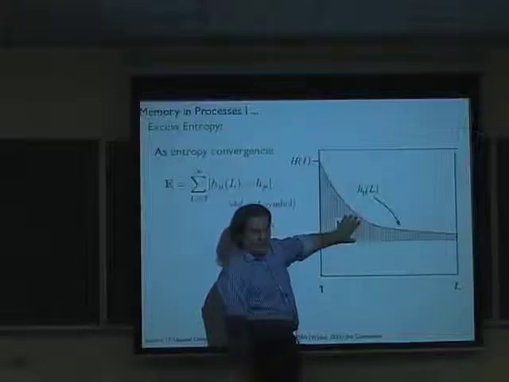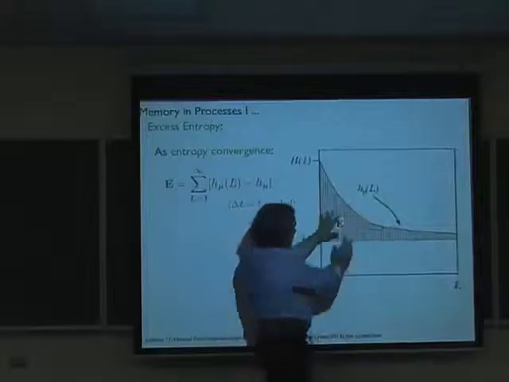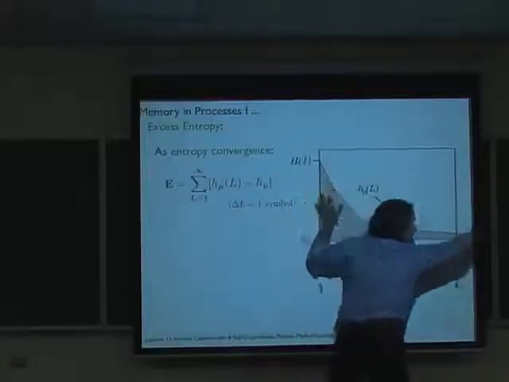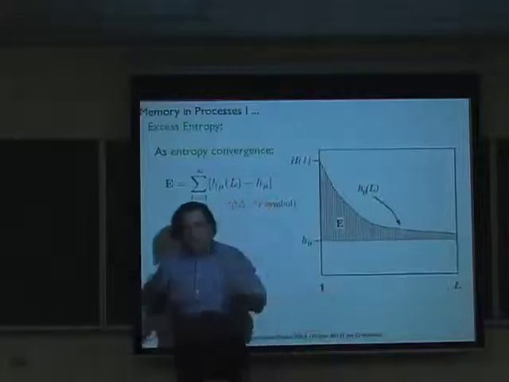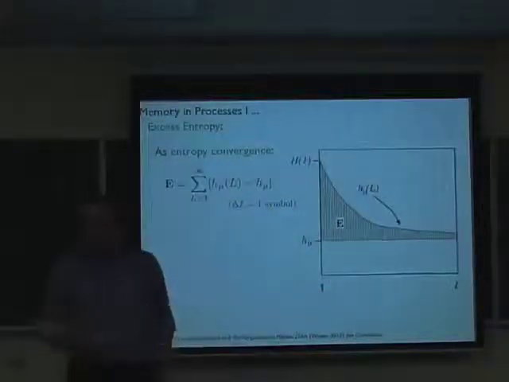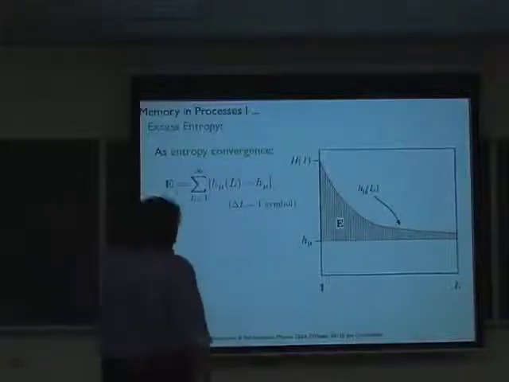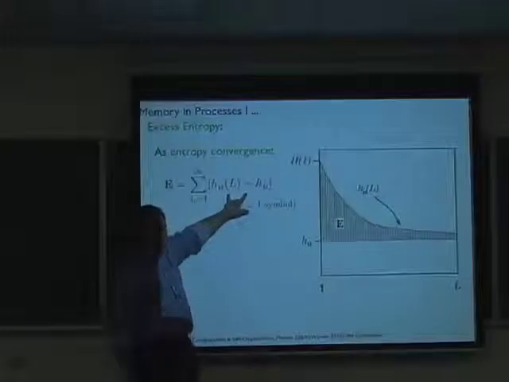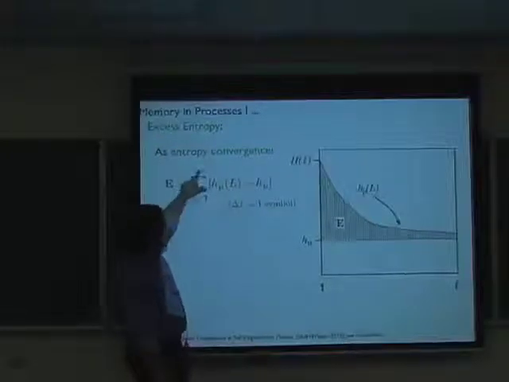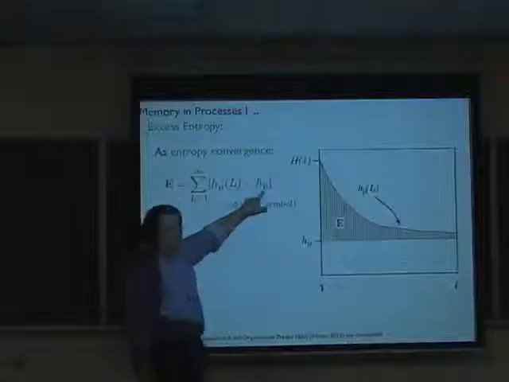That's the excess randomness. In fact, I'll call it the excess entropy. And of course, if this area is big, it means it takes a long time, large L, to converge. If it was short, it would indicate roughly quick convergence, small L's. So it's kind of like a convergence length. And the definition is quite simple. I just sum up from words of length 1 out to infinity the difference between h mu of L and h mu.